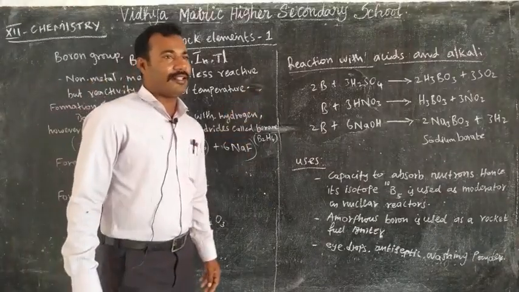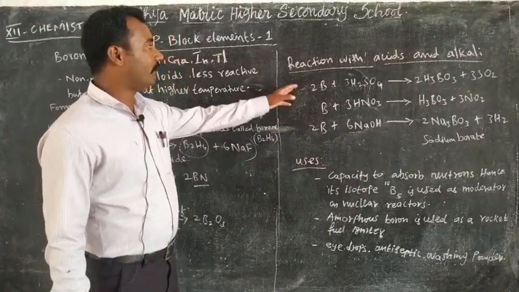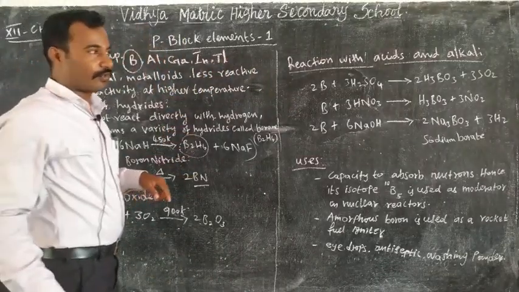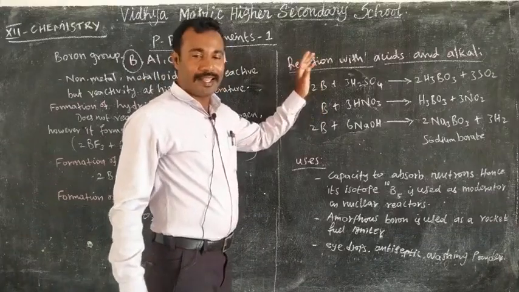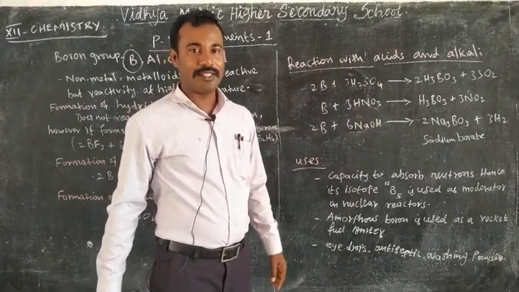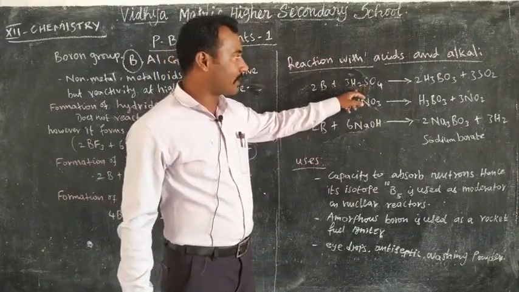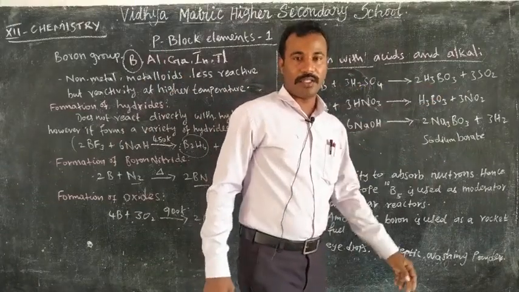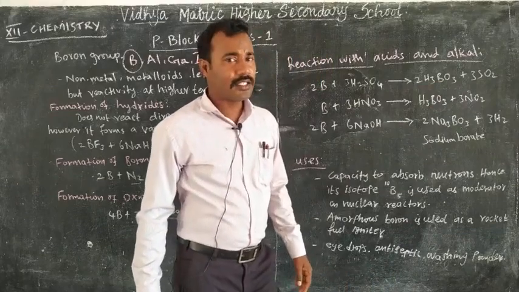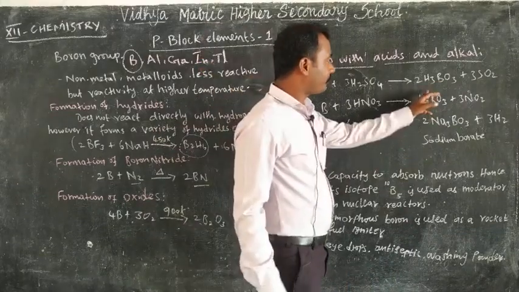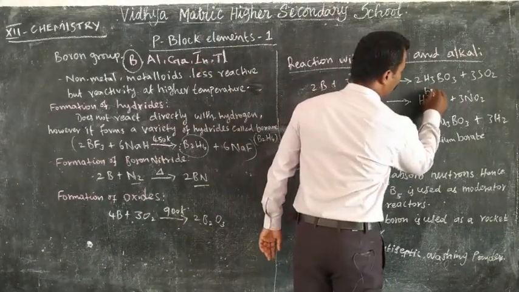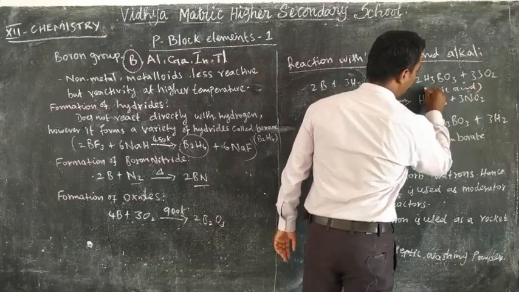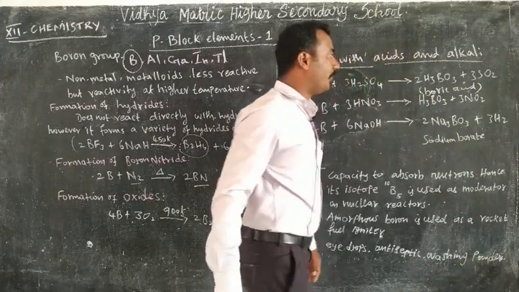Then, in the boron group, boron, the first element, reacts with some acids. Boron reacts with sulfuric acid to form 2H3BO3, that is boric acid, H3BO3.